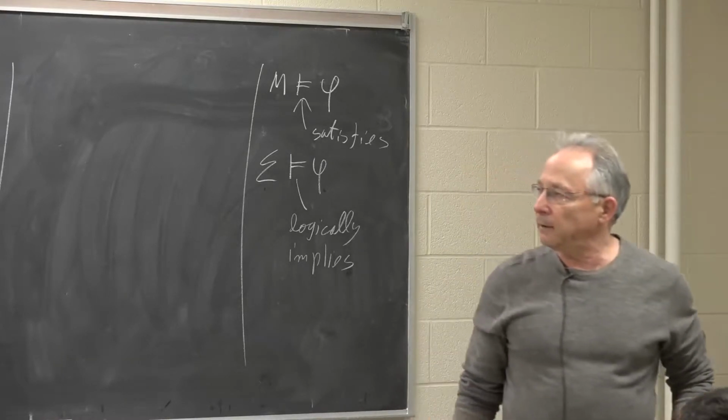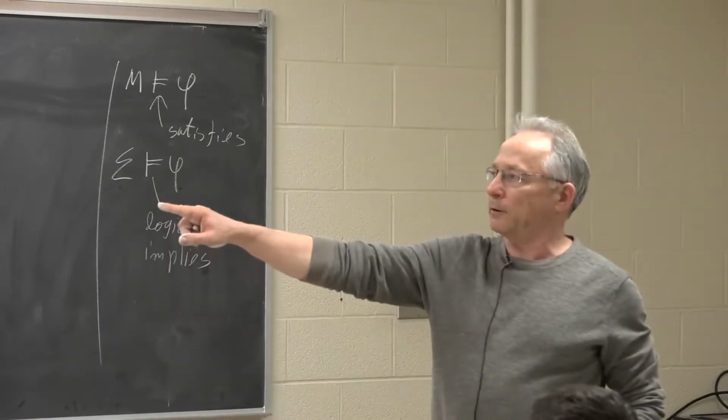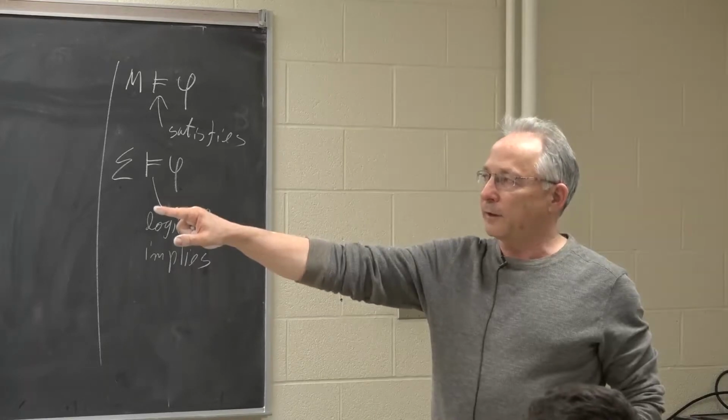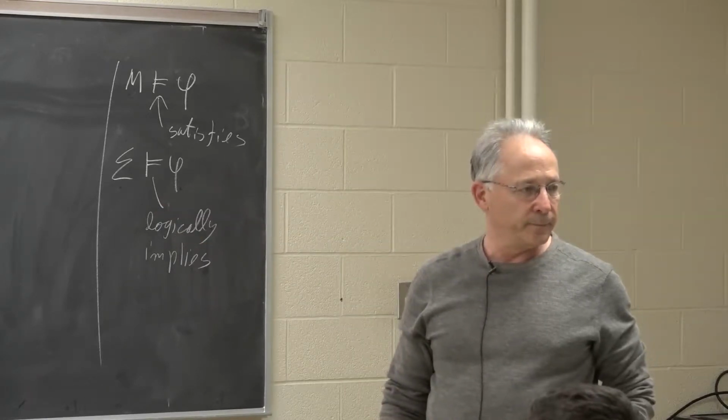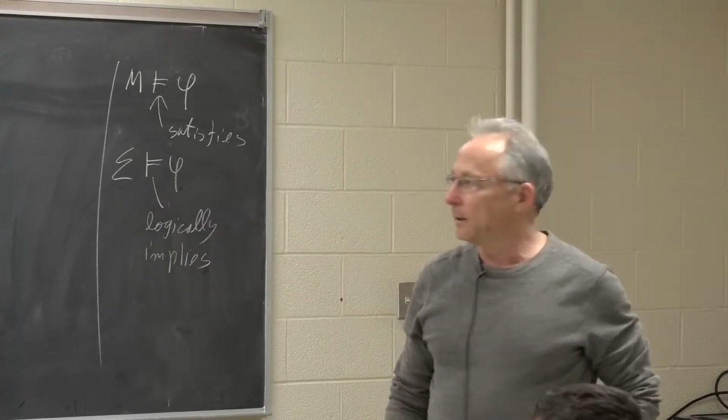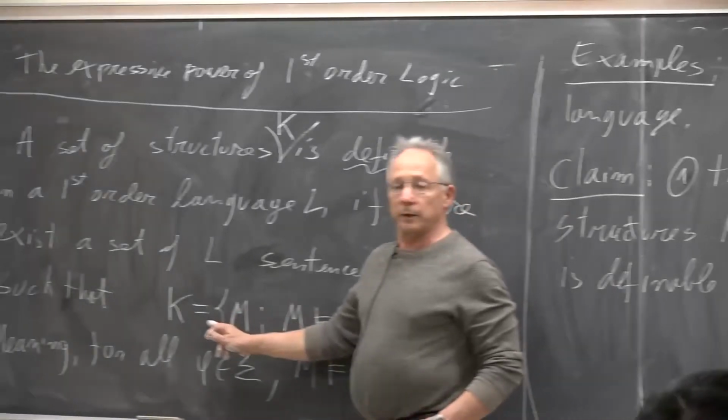So what I'm saying there is K is the set of all structures that satisfy all the formulas in sigma. Okay. So here we have implicitly a two-way inclusion.